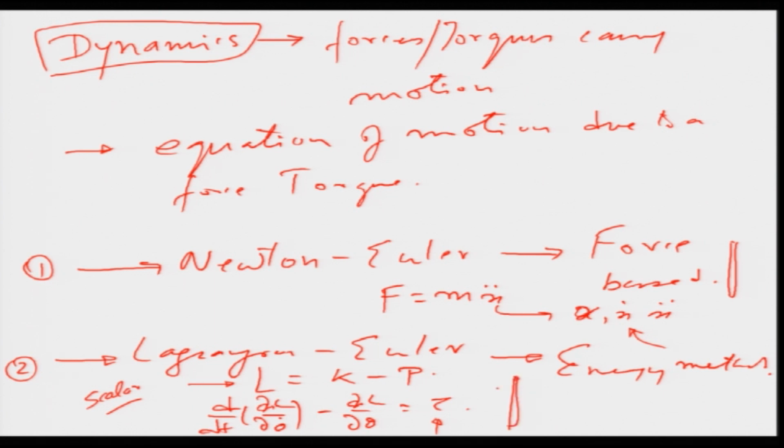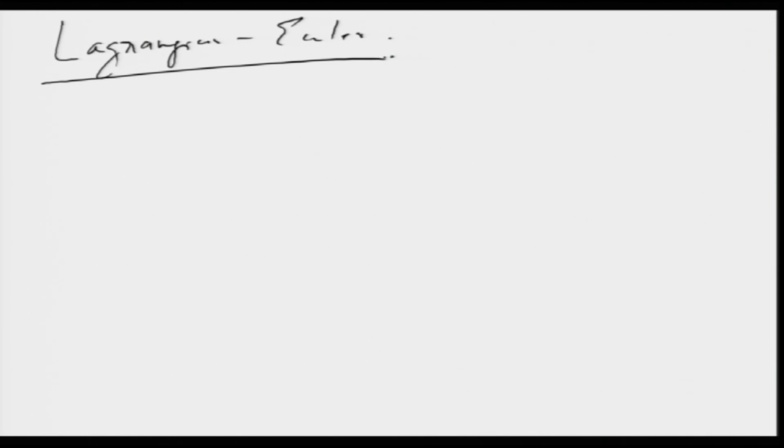Now, let us look at the Lagrangian-Euler method a little bit. We start off by looking at the Lagrangian-Euler method, in which we are going to define the kinetic energy and the potential energy.